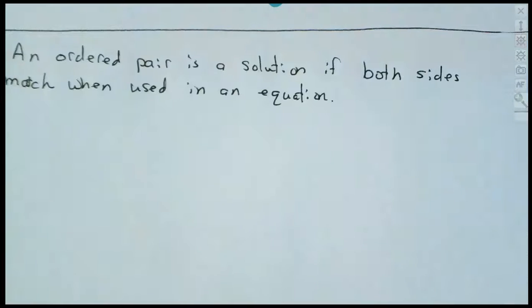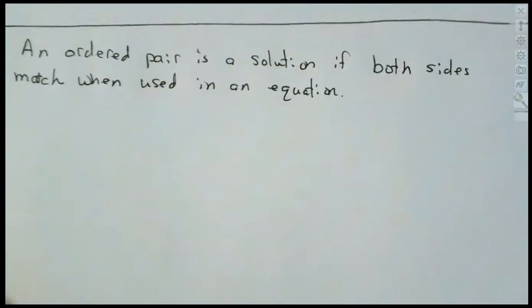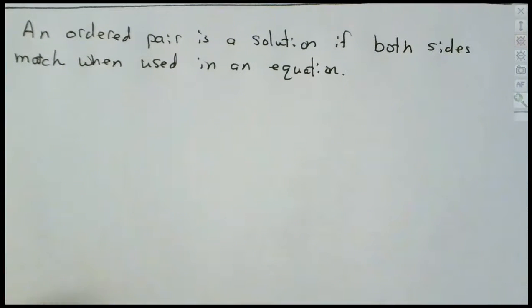Okay, so an ordered pair is going to be a solution if when we plug that ordered pair in, both sides of the equation match. It's going to be like an identity, where the sides are the same. 3 equals 3, 5 equals 5, so on. So we're going to look at two examples of these, and we're going to see if they're a solution or not. We'll do one that is a solution, and we'll do one that is not a solution.